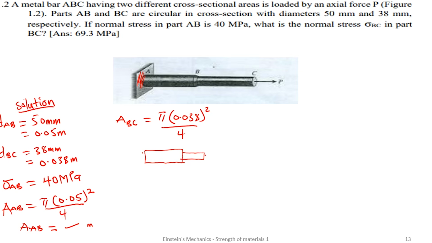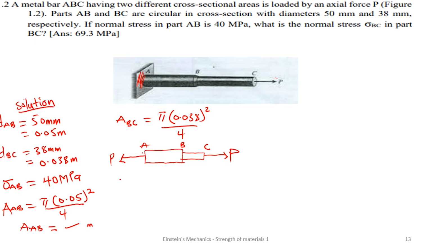And this is the force P. Remember, when we remove this from the fixed end, there will be a reaction force opposing the direction of this force. So it's also going to be like this to keep the member in tension. Are we good? So here is AB and here is C.